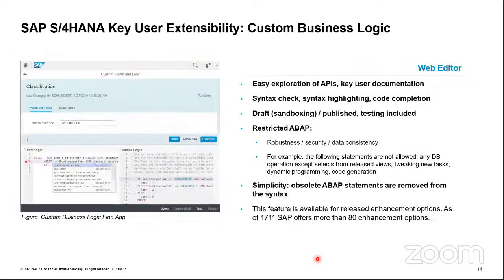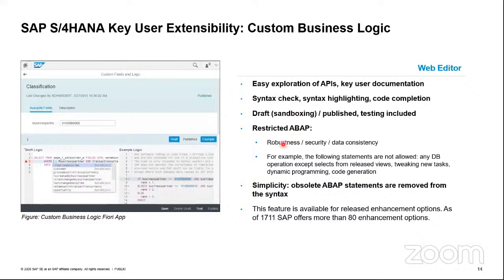Now the custom business logic, and this is how the cloud ABAP editor would look. You will be able to add a draft logic, and you will be able to test it using this tool. To publish the draft logic for your generic use, you save it and you publish the draft logic, so that you will be able to use it for productive purpose.